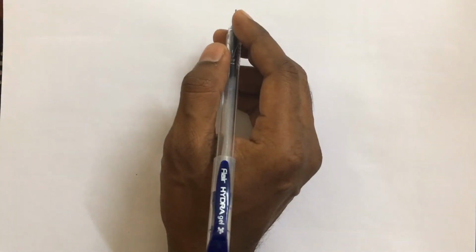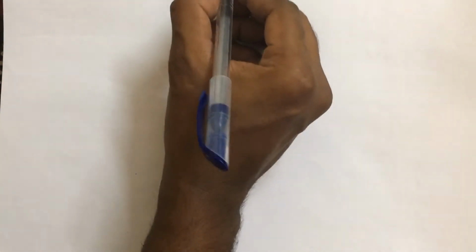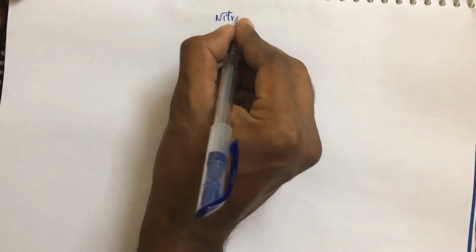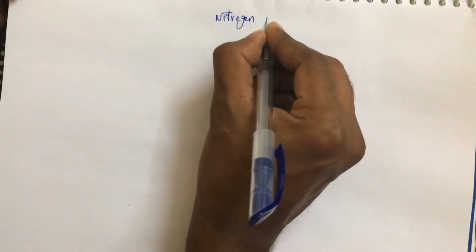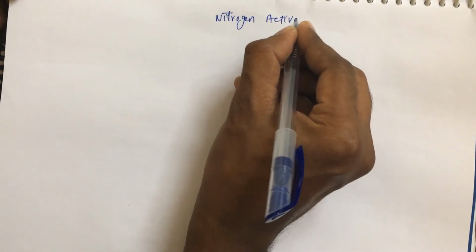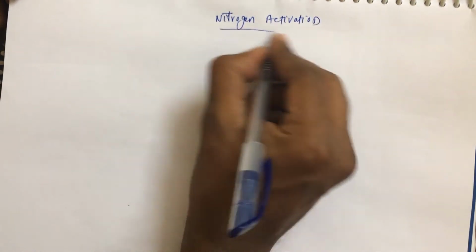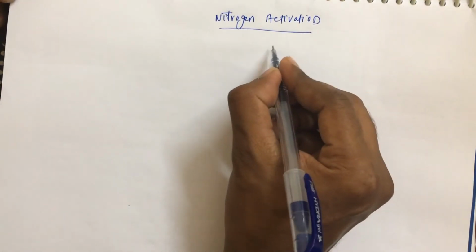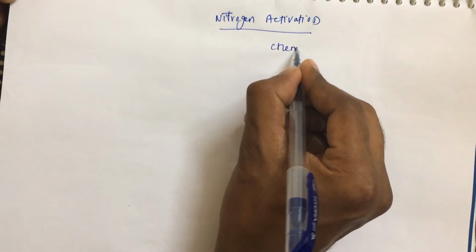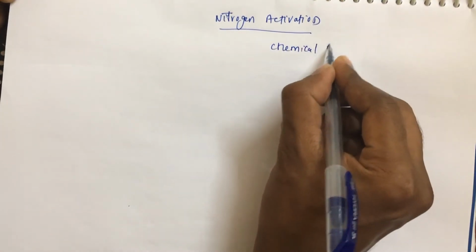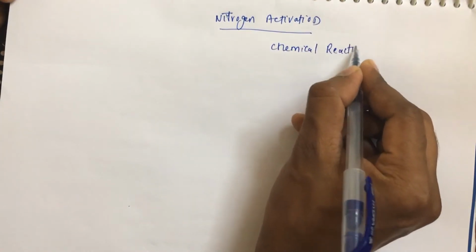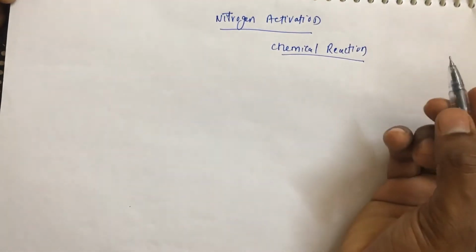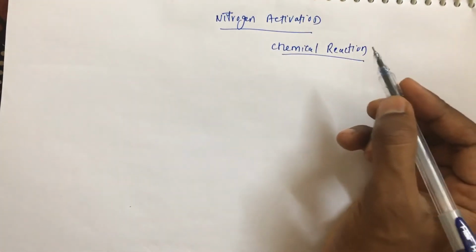And the next concept is nitrogen activation. If you are doing some chemical reaction, if you joined a PhD or you are doing some project, there we have to do some chemical reaction.